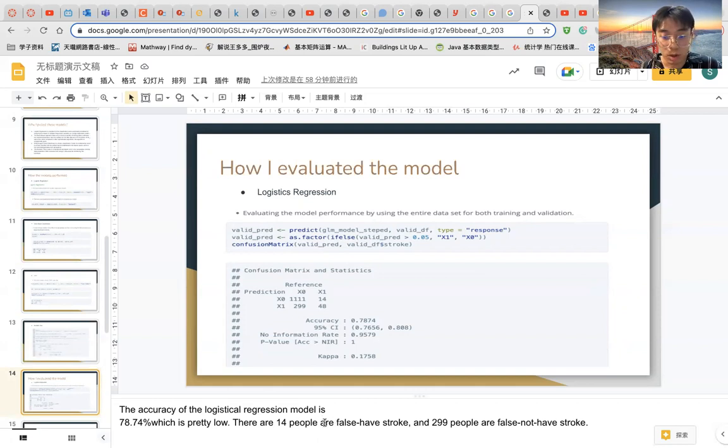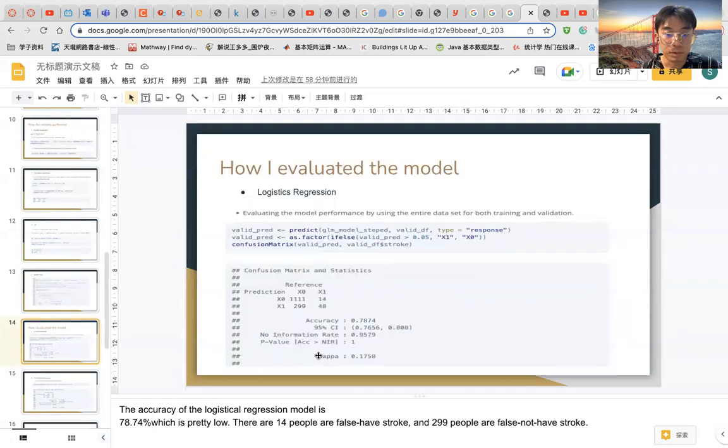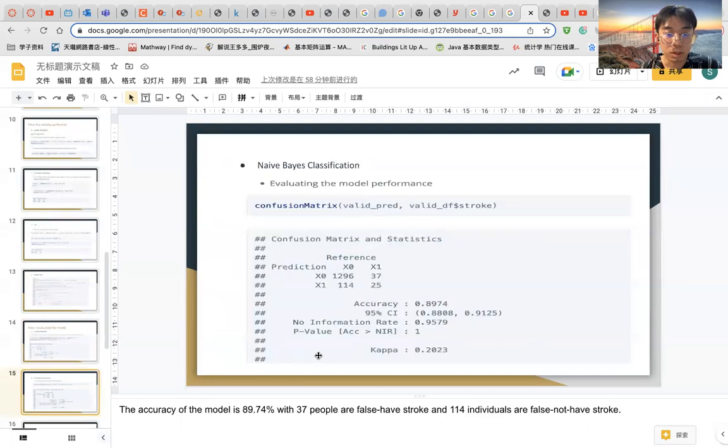There are 14 people falsely predicted to have a stroke and 299 people falsely predicted not to have a stroke. The second one is naive Bayes classification. It has 89.74% accuracy with 37 people falsely predicted to have a stroke and 114 individuals falsely predicted not to have a stroke.